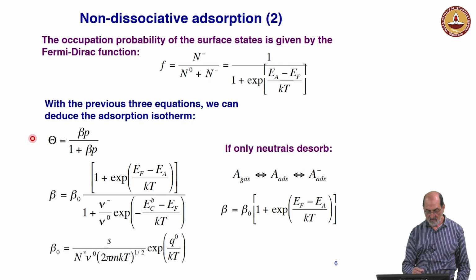So we can deduce everything. I'm not going to do the algebra. You reach something which is beta p over 1 plus beta p, where beta has this form, and beta 0 is this constant that depends on the energy of activation to extract the atom, the temperature, the density of available sites, the frequency and the sticking coefficient.